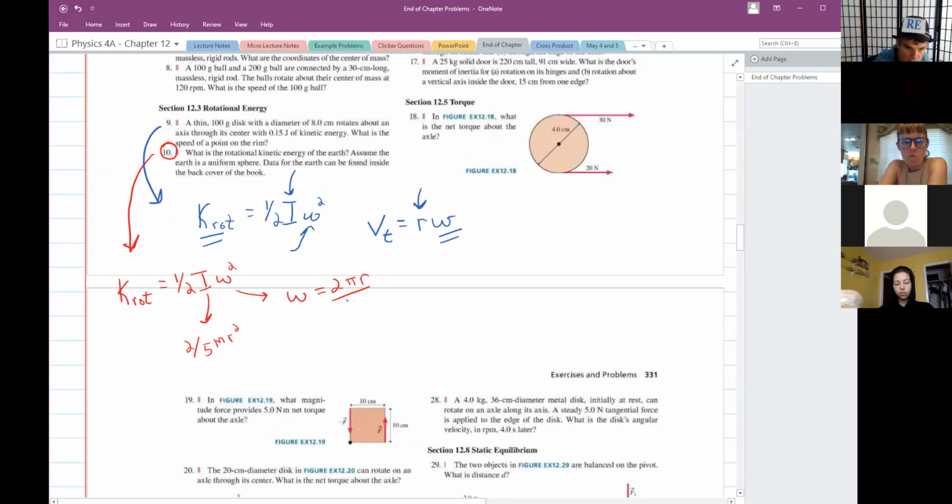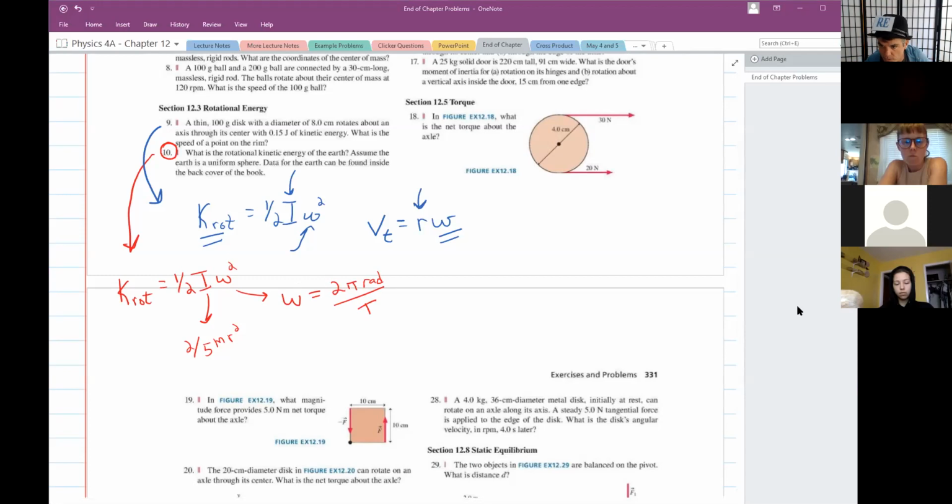I'm sorry, this omega, I was thinking in terms of speed. For omega, I know that I'm moving through one circular path, which is 2 pi radians, divided by the period. So period, 1 day, is 86,400 seconds. You just need to look up the mass of the Earth and the radius of the Earth.